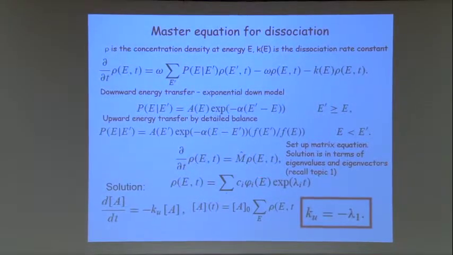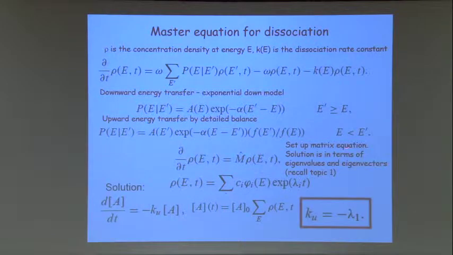And then we can set up the matrix equation, and the solution is in terms of eigenvalues and eigenvectors. And there's the solution, depending upon all the various eigenvalues and eigenvectors. But what we're interested in is the rate of change of A. So our molecule that's dissociating is A, and we want to describe the unimolecular dissociation for that.